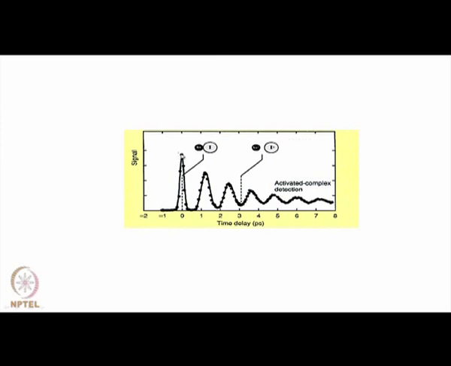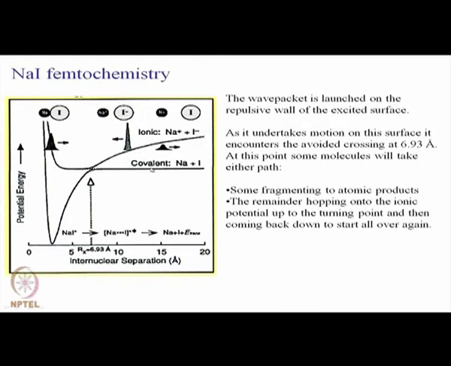Why is it gradually decreasing? You see the maximum is decreasing because more of the sodium iodide has passed into this repulsive, I mean covalent, surface. So, when it has started, that is this inner wall, the sodium iodide intensity is maximum, then some portion has passed into this, giving rise to the dissociation product.